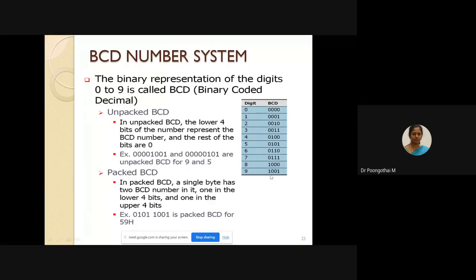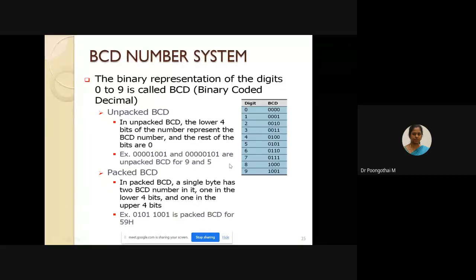Similarly, 9 can be represented as 0000 1001, with four zeros along with your number. The important thing is that unpacked BCD requires 1 byte of memory or an 8-bit register to contain it.